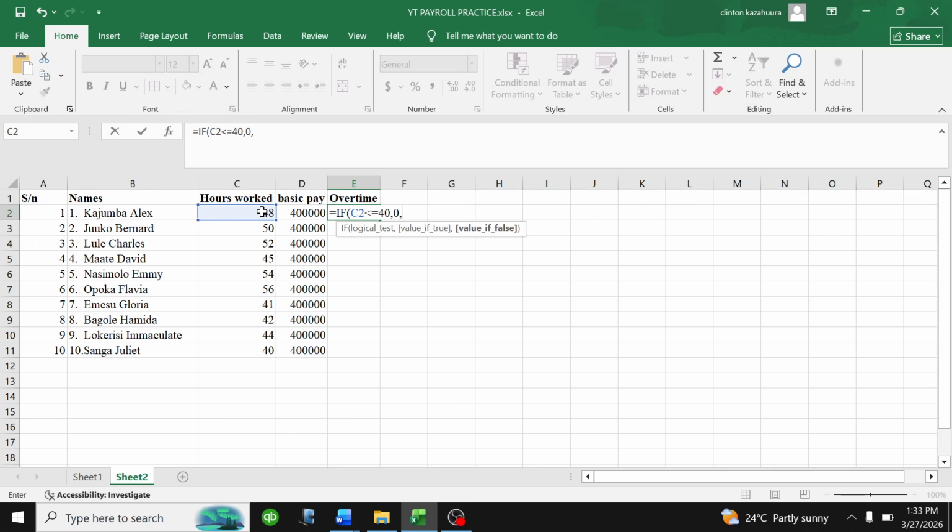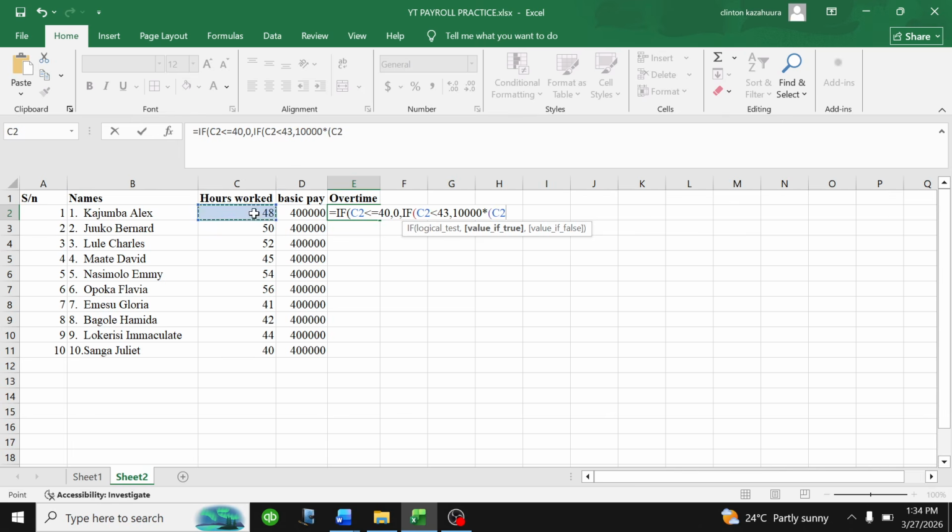So I will say IF, I open brackets, if the basic working hours are less than 43, then that person we're going to pay, because the rate is 10,000 times the excess hours over the 40.